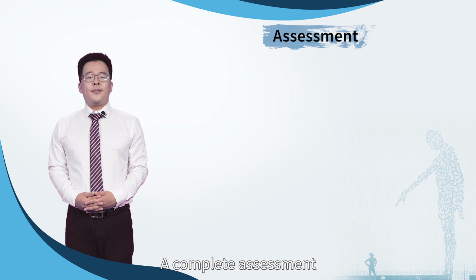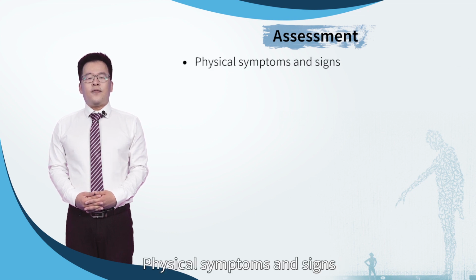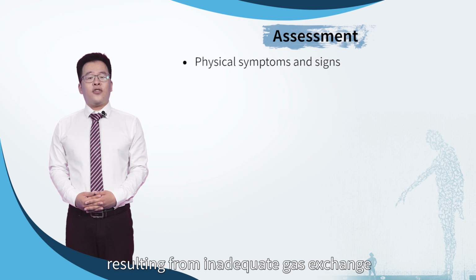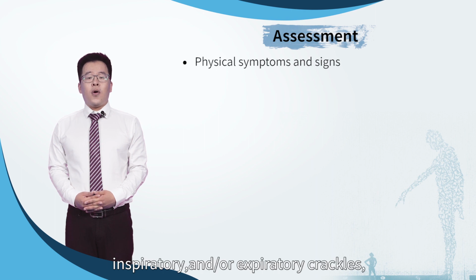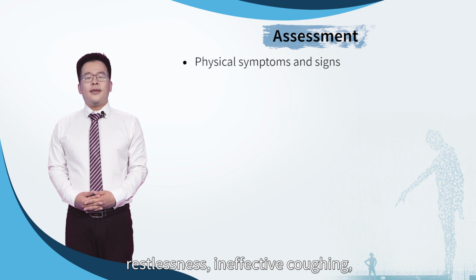A complete assessment should be conducted in the beginning, which includes physical symptoms and signs resulting from inadequate gas exchange associated with airway obstruction, such as secretions in the airway, inspiratory and/or expiratory crackles, restlessness, ineffective coughing, and decreased level of consciousness.